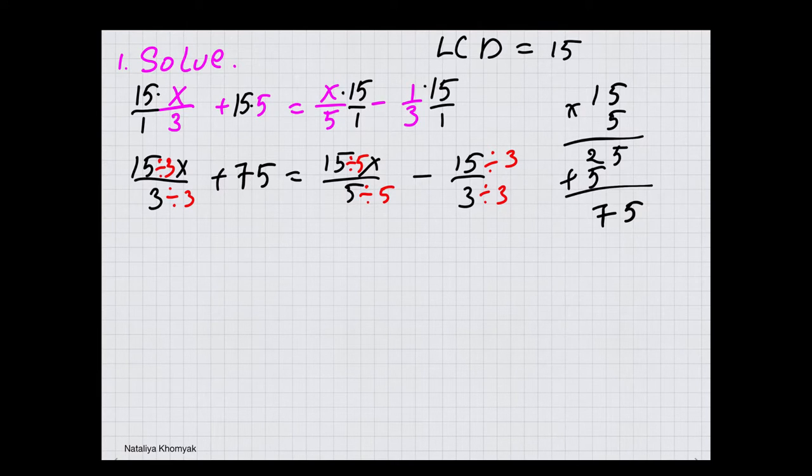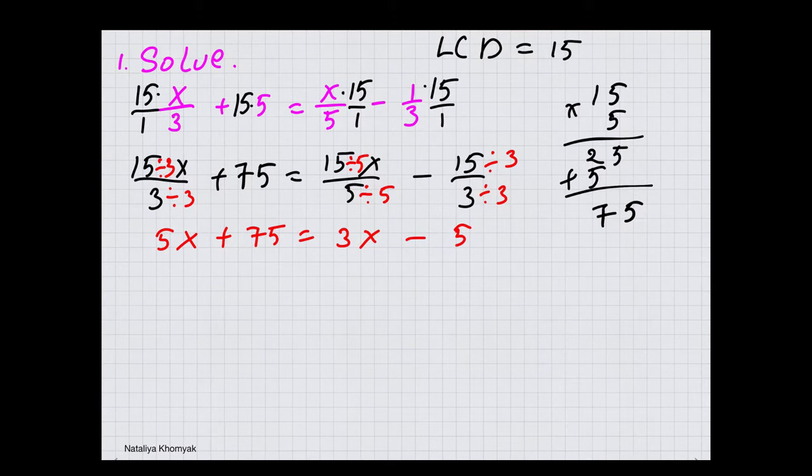And now we have 15 divided by 3, 5x out of 1, we have a whole number, plus 75 equals to 15 divided by 5, 3x out of 1 gives us a whole number, minus 15 divided by 3, 5 out of 1 gives us a whole number. So the whole process of multiplying each term by the LCD simplified the whole equation into whole numbers.